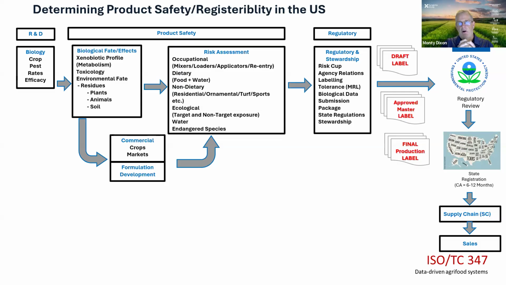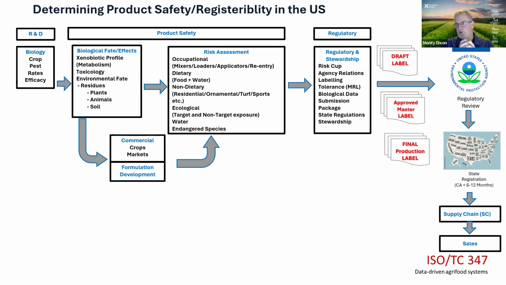All these data are summarized, evaluated, processed, and submitted to a regulatory agency. In the US, it's the Environmental Protection Agency, where they do a comprehensive science review, ultimately leading to a decision. In our case, we certainly hope that they approve the label. Once the label is approved at the federal level, it still also has to be approved at the state levels.